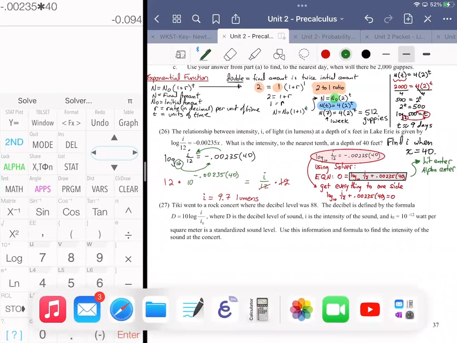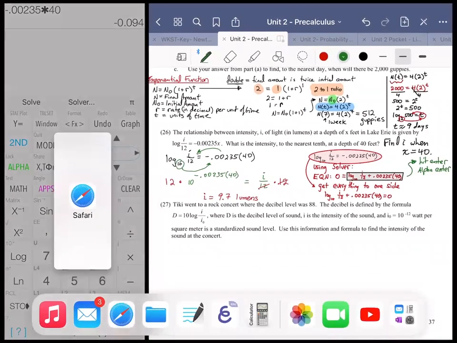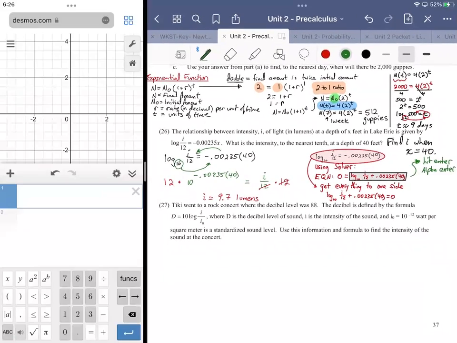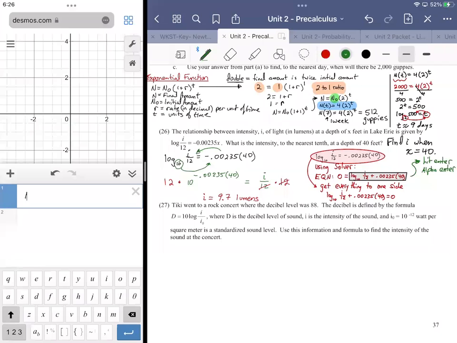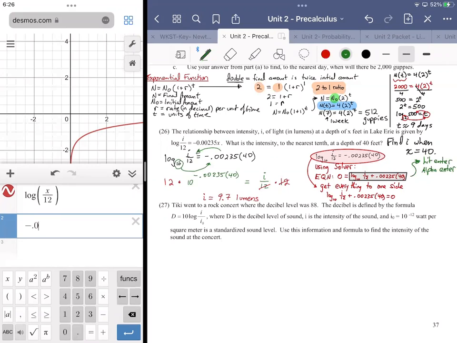Now, I'd be neglecting my own personal desires when it comes to technology here if I didn't show you the Desmos solution. Right, so log x over 12. Oops. And then the left-hand side goes in as one equation, the right-hand side goes in as another.